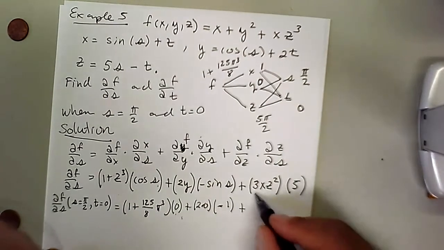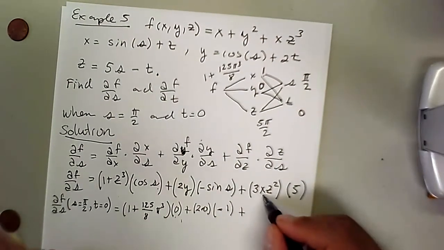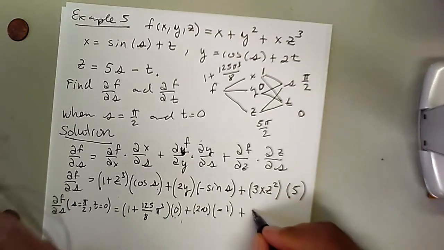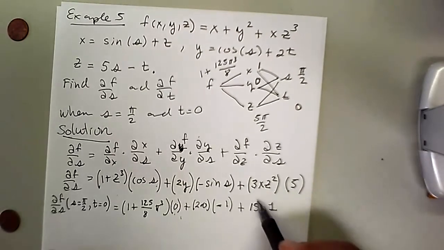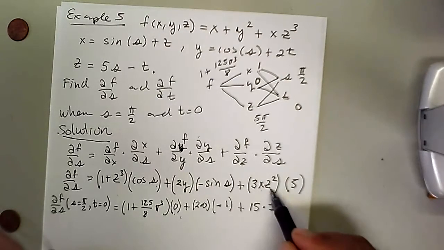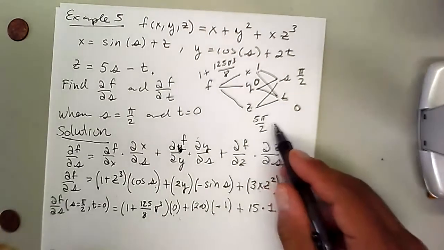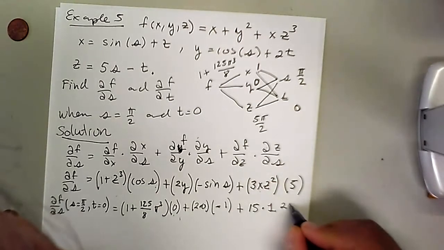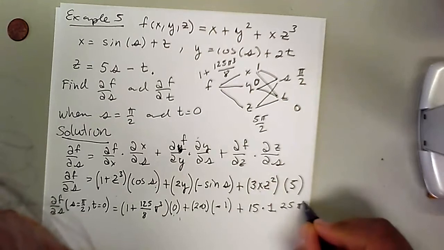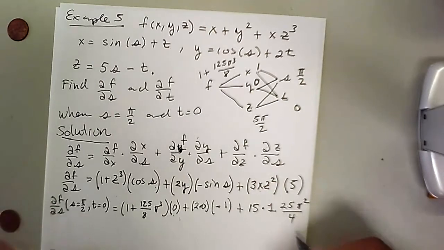And that's going to be 15. X is 1 and z. Okay, so 15 times 1. And the reason why I get 15 is because I'm already multiplying 3 times 5. That is the 15. 1 is the x. Z is 5 pi over 2. When we square that, we end up with 25 pi squared over 4.